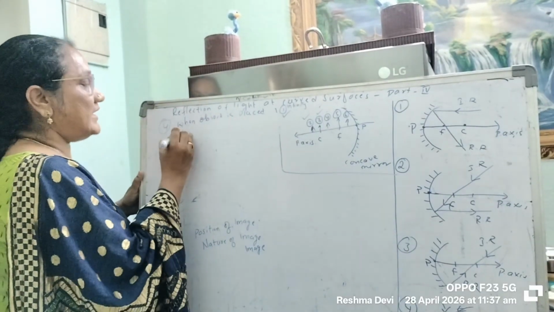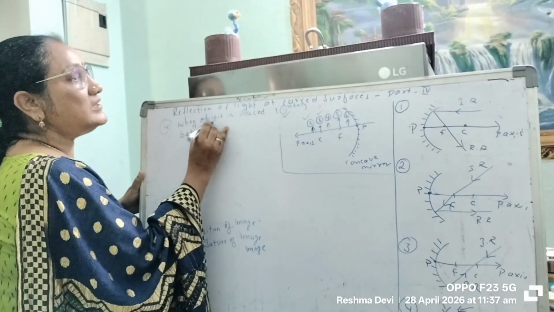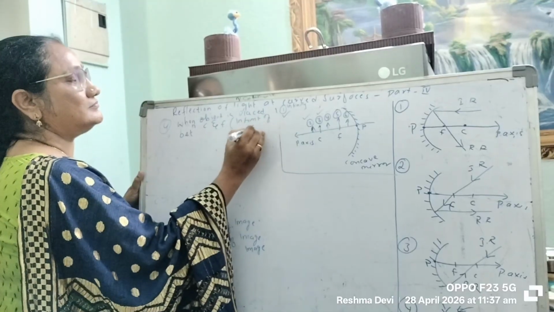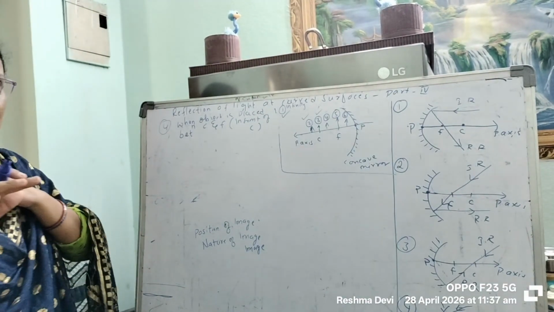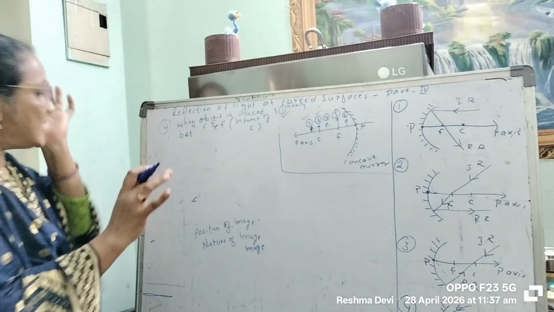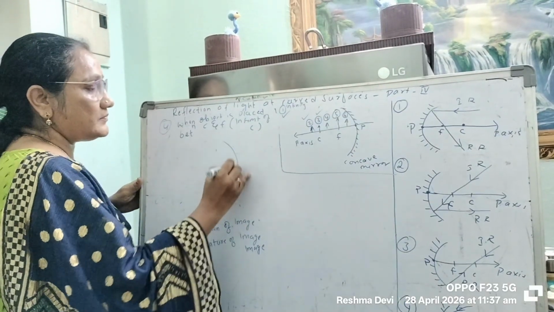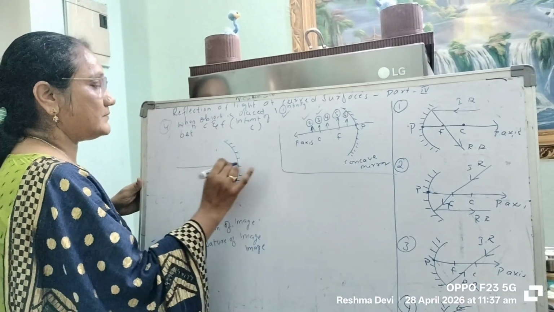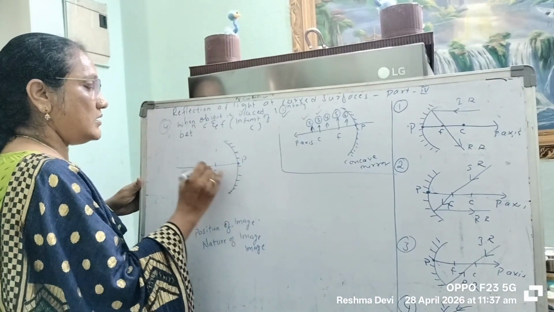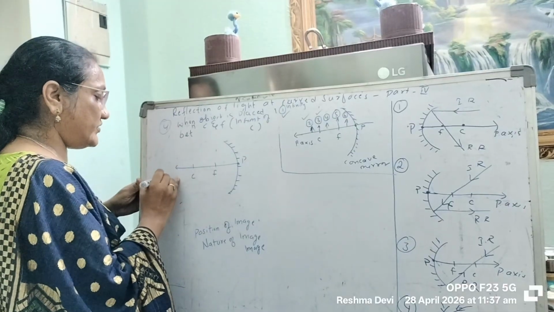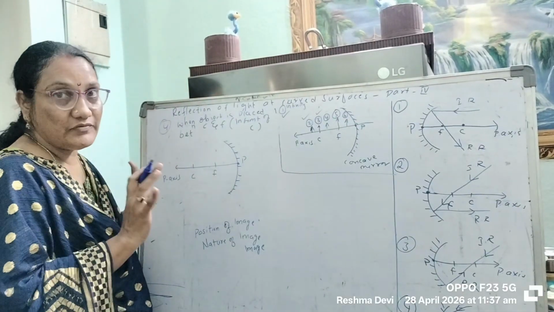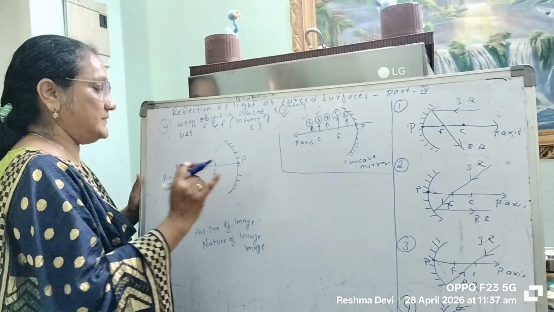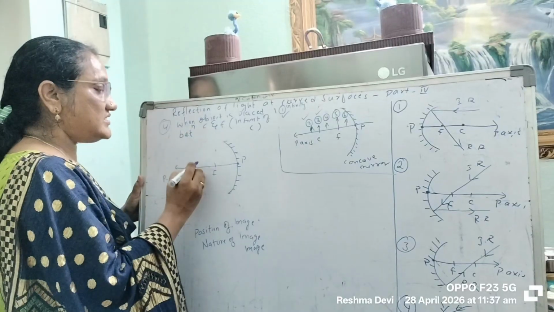When object is placed between C and F, or I can say in front of C. I can say in front of C, between C and F. Now, as usual, concave mirror, pole, focus, center of curvature. We have to point everything, right? Now see. What we said, object is between C and F.